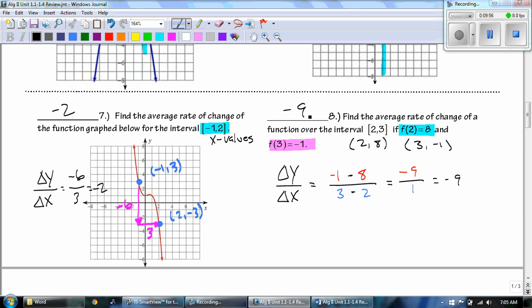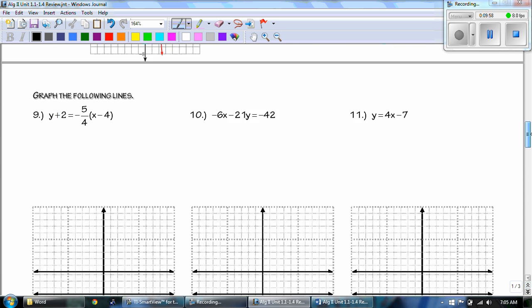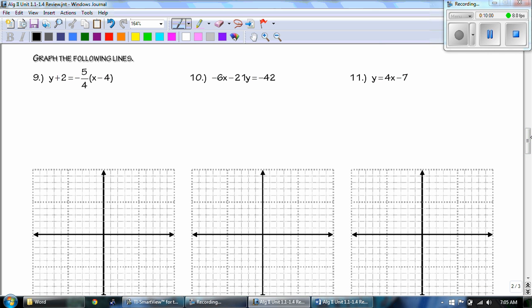Okay, let's go ahead and flip it over. So it's to graph the following lines. All right, do you have your straight edge? I do. So remember that we need to put these in slope-intercept form, y equals mx plus b. So I got y plus 2. And then we need to distribute, okay? So we get negative 5 over 4x, and then negative 5 over 4 times negative 4.